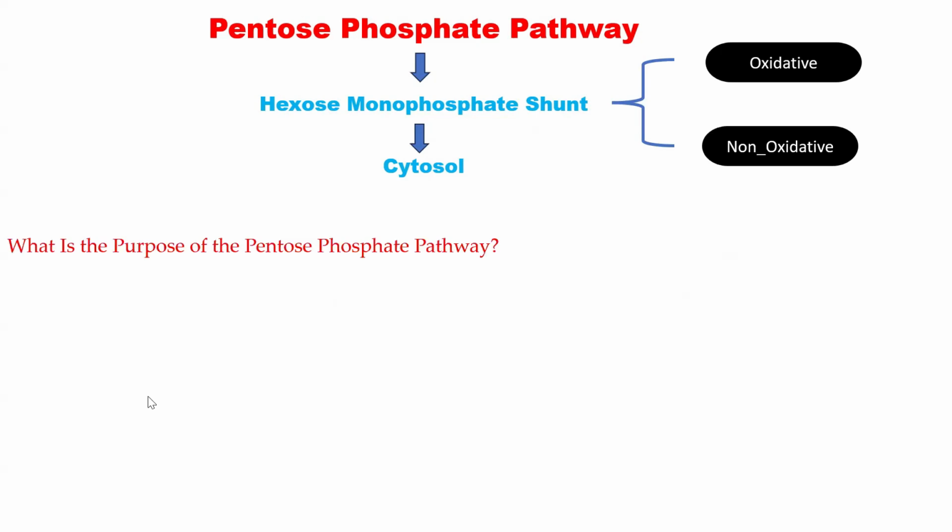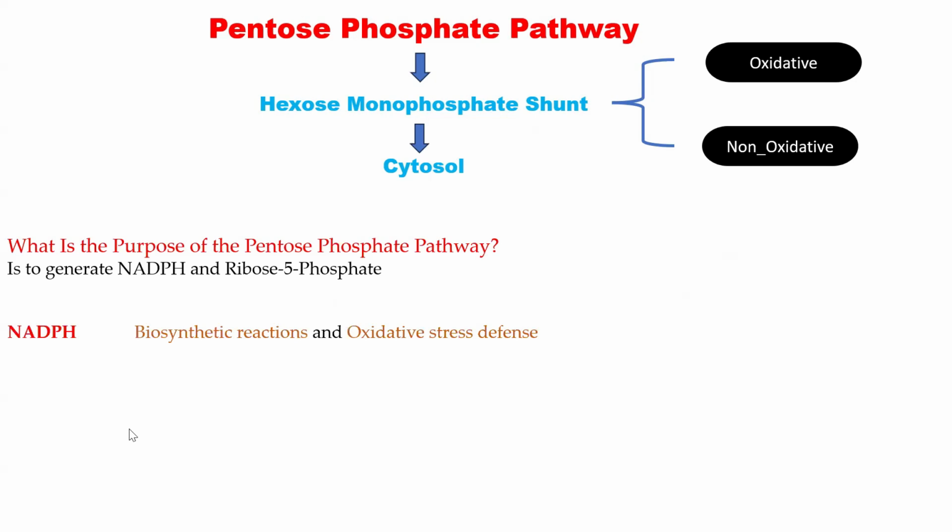So what is the purpose of the pentose phosphate pathway? The major purpose is to generate NADPH and ribose 5-phosphate. The NADPH generated is usually important in biosynthetic reactions. Examples of biosynthetic reactions in the body include steroid biosynthesis and fatty acid biosynthesis, and it is also important in oxidative stress defense.